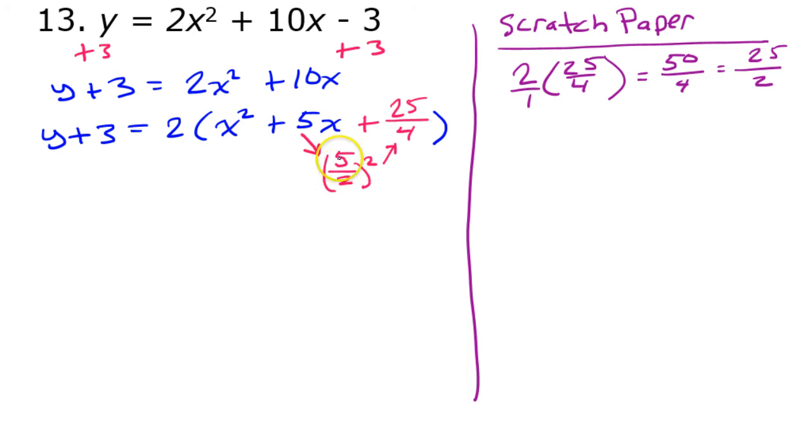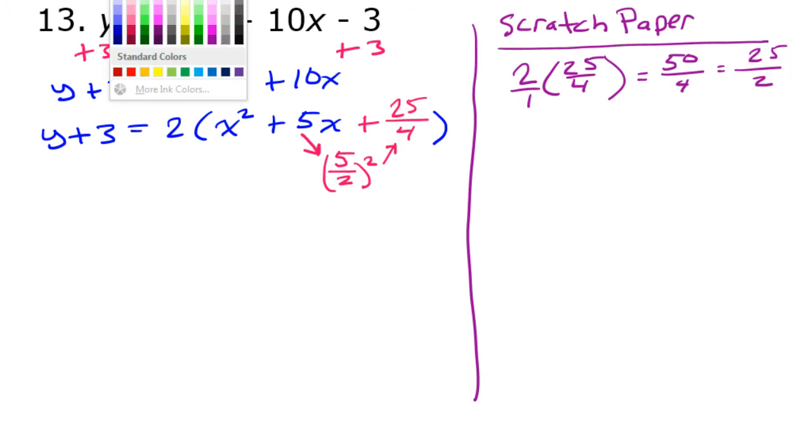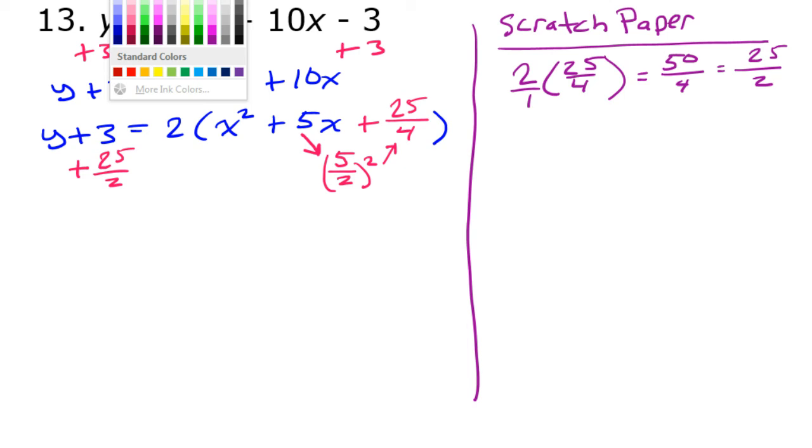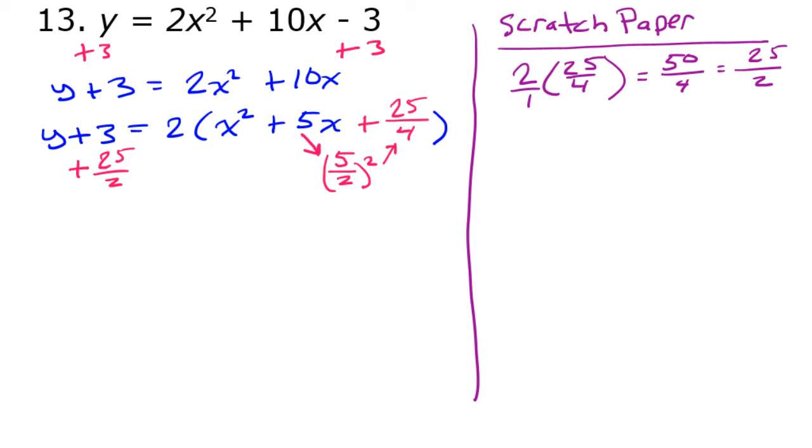Okay, so it looks like I added 25 over 4 to both sides. But really I added 2 times 25 over 4, which is 25 over 2. So that's what I'm going to add to the left side to balance this out. 25 halves.